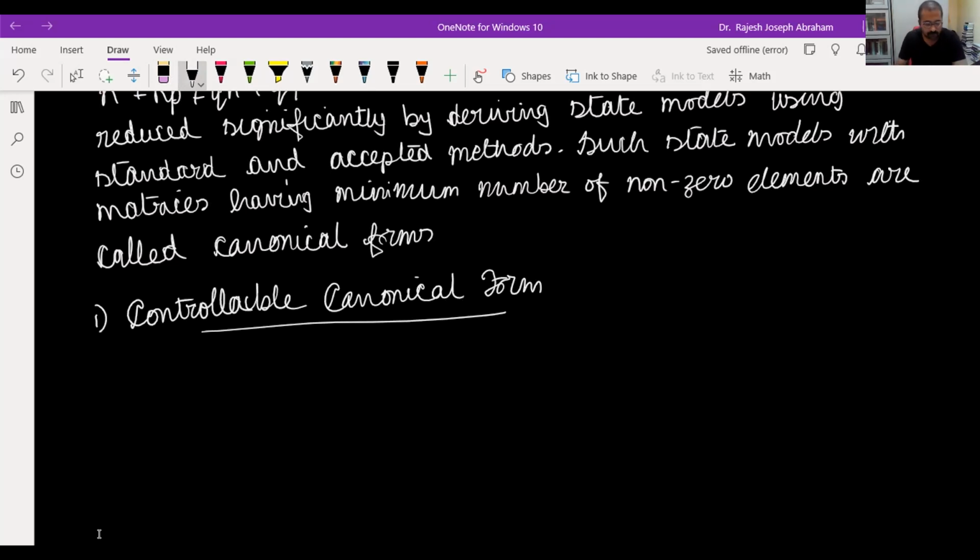Right, so let us start with a transfer function.